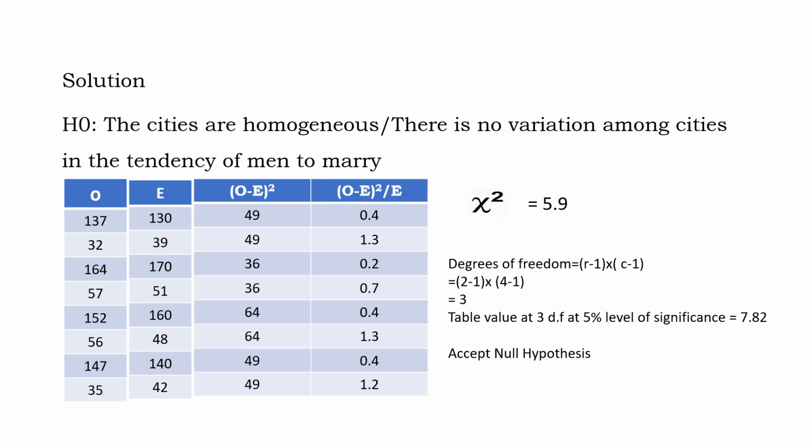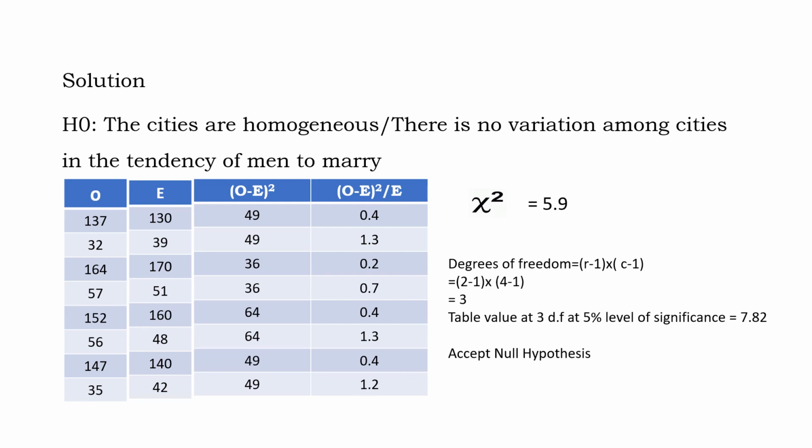So understand that if one sample is given and the sample is classified on the basis of two attributes, then it is possible that it is the test of independence of attributes.